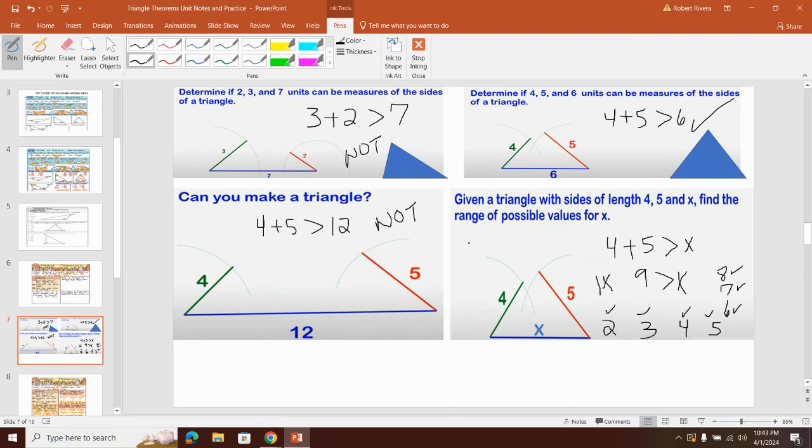Well, x has to be greater than or equal to 2. But x has to be less than 9.